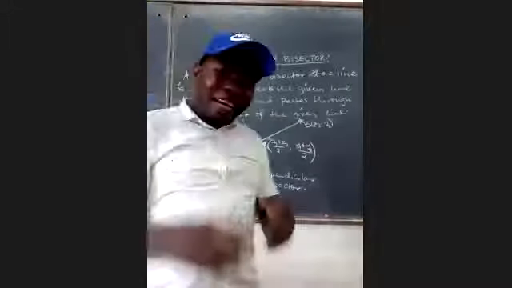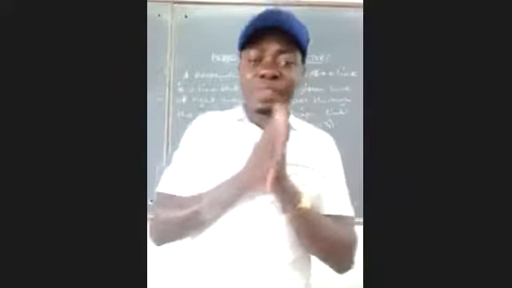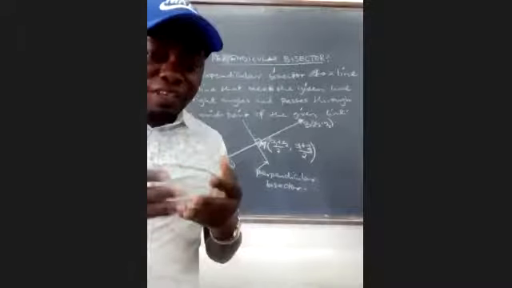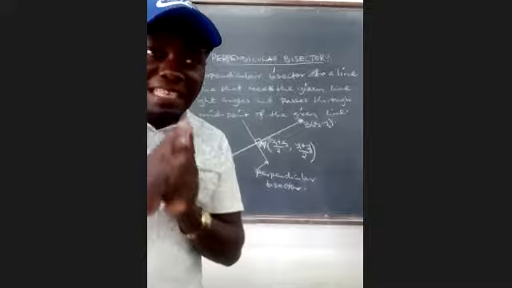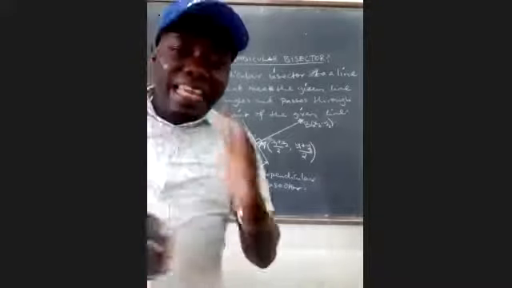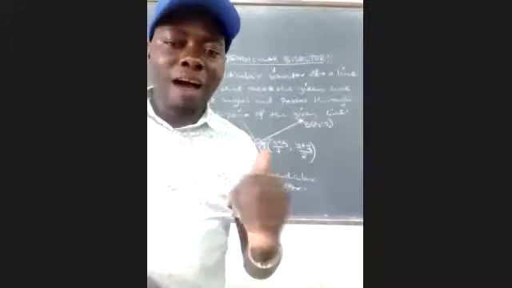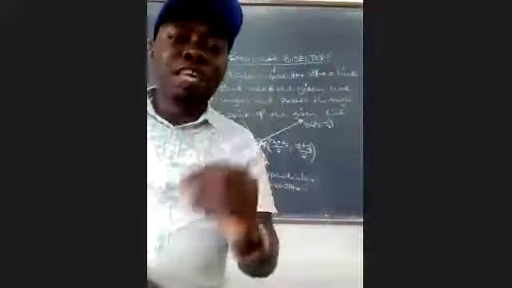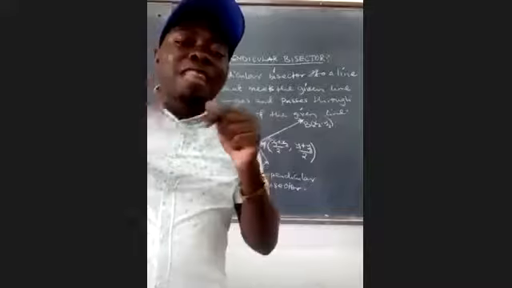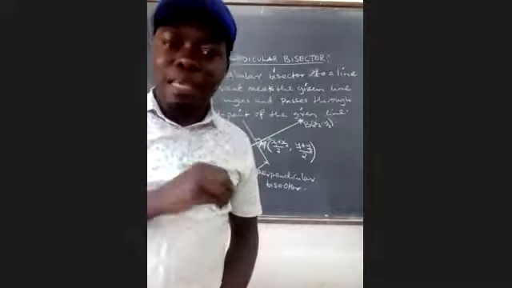Okay. We talked about perpendicular lines, and we said that perpendicular lines are those lines that meet at right angles. That's the definition of perpendicular lines. Now, the line AB can have very many lines that are perpendicular to it. But we have that special one that is going through the midpoint of AB.